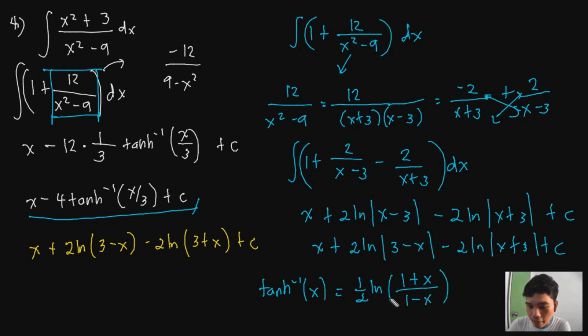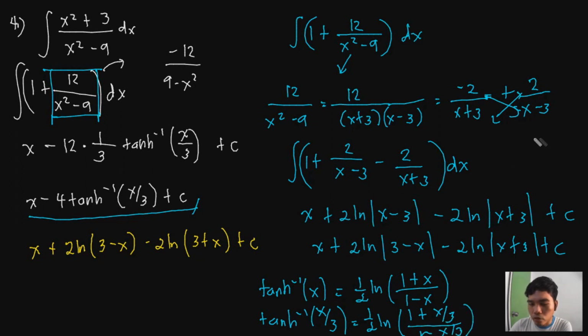So, if this is the case, then try nating apply itong for tangent h inverse and then x over 3 dun sa ating expression. So, di ba pag in-apply natin to dito sa ating expression, we have the inverse tangent h of x over 3. That is equal to 1 half ln of 1 plus x over 3 and then 1 minus x over 3.